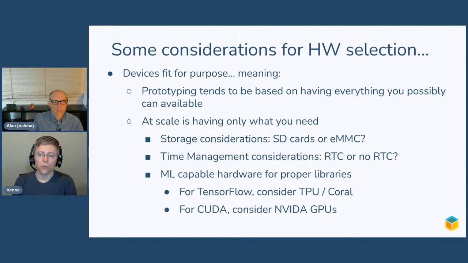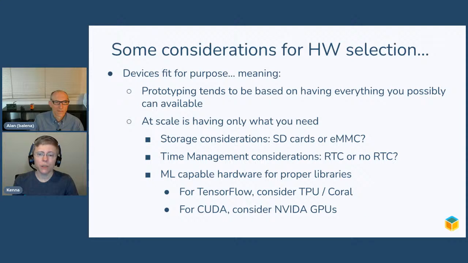But when folks get into a position where their devices in the field are going offline for a certain amount of time, you start to run into security implications. Typically, your authentication mechanisms need the time to be accurate within a certain amount in order for the authentication to actually work. And so suddenly, a real-time clock for those moments when you've gone offline for a significant amount of time starts to matter. Things like that come up as well.